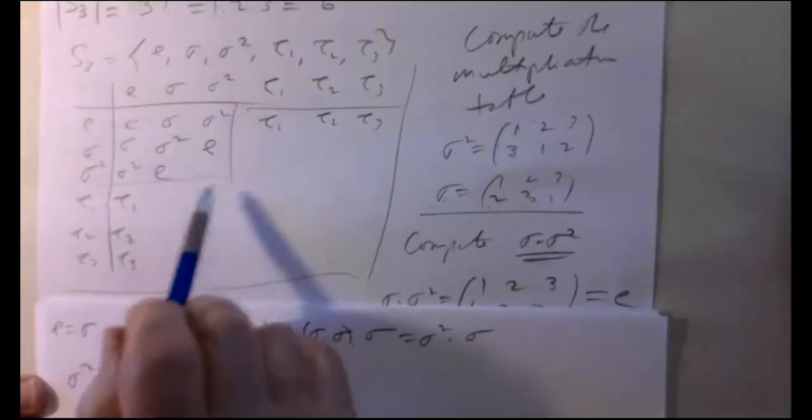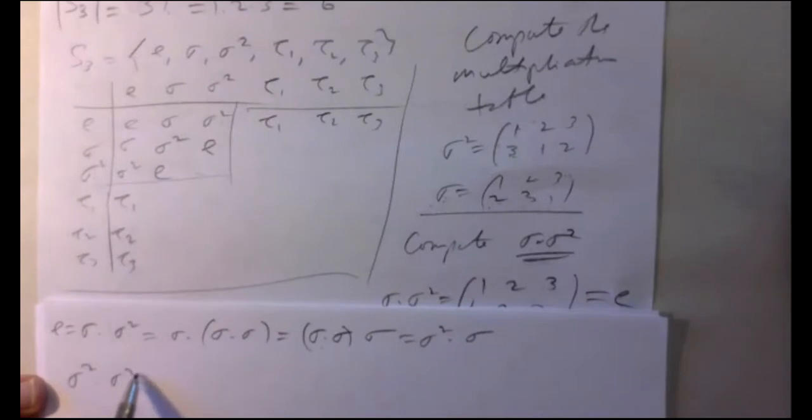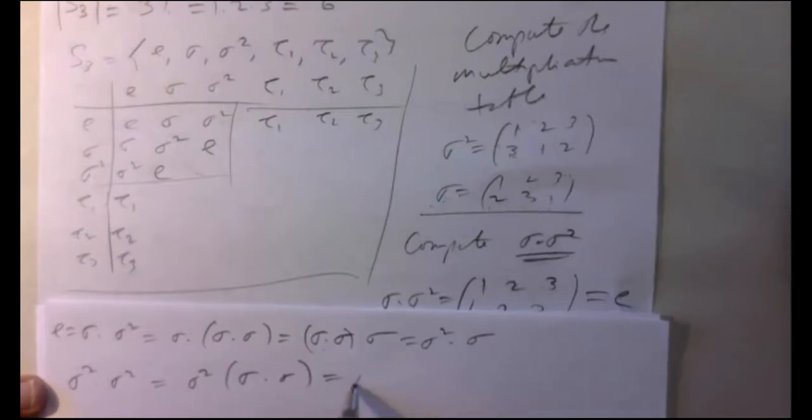What goes in here? Sigma squared times sigma squared. This is sigma squared times sigma times sigma. That's sigma squared sigma, times sigma. This is the identity. Identity times sigma is sigma.